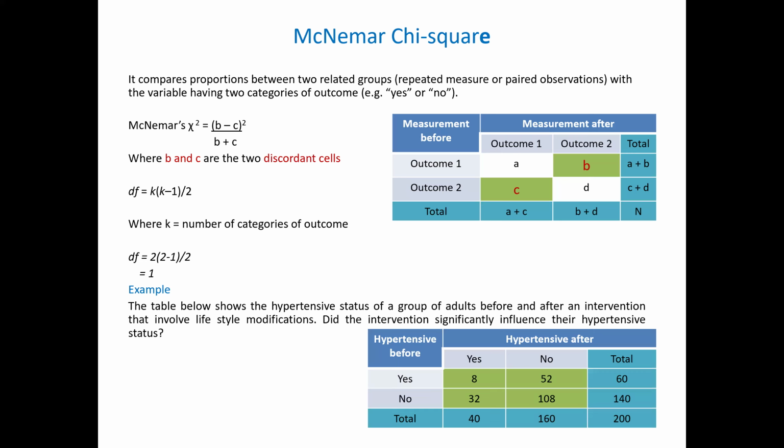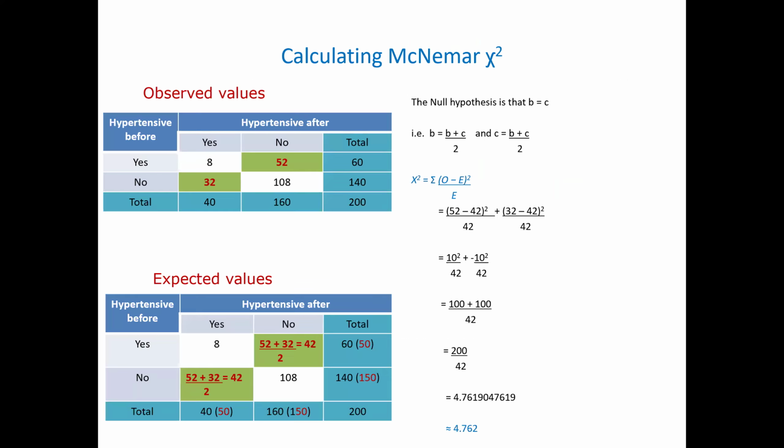What we are interested in now is what changed. The logic behind the test now is the null hypothesis, which usually says there's no difference. The meaning of the null hypothesis of no difference in this situation is that the number of people that change from hypertensive to non-hypertensive is the same as the number of people that change from non-hypertensive to hypertensive.